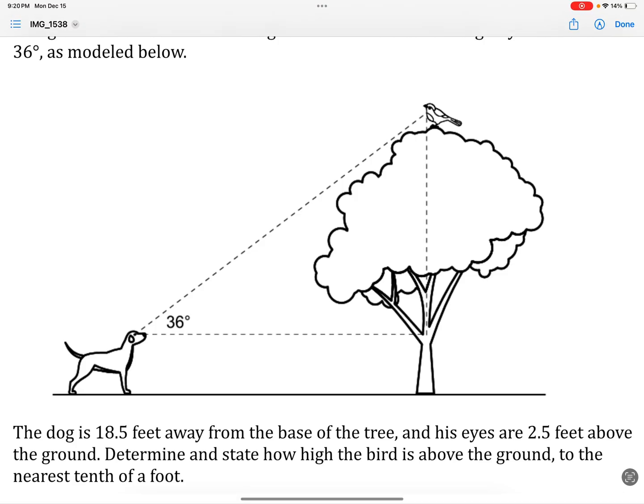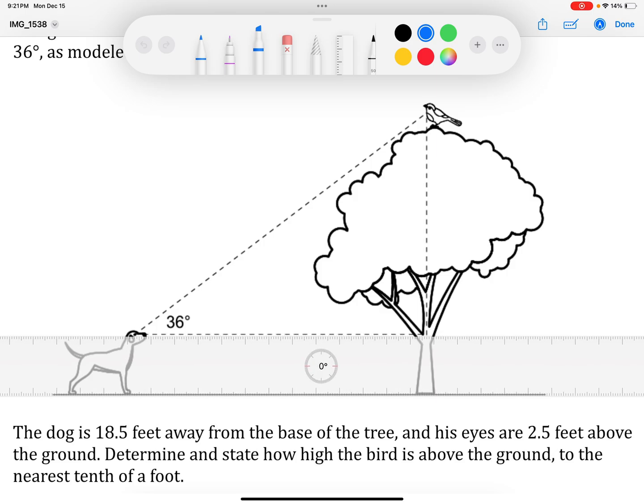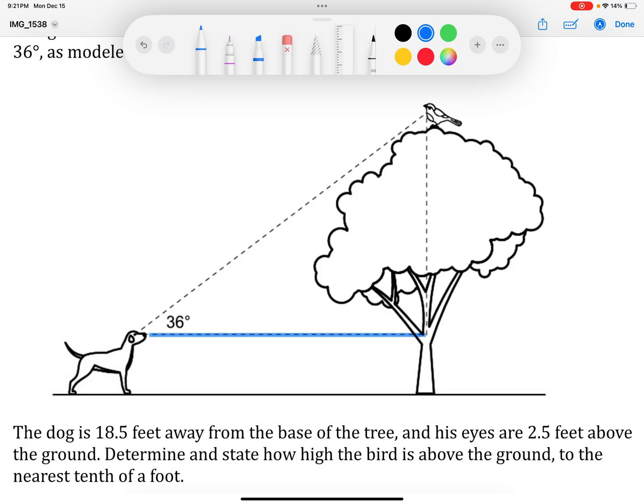So first, I want to mark the horizontal distance, which is how far the dog is away from the base of the tree. I'll take my ruler and mark that horizontal distance blue, and I will label it as 18.5 feet, as stated in the problem.